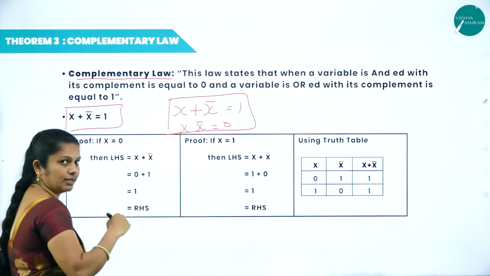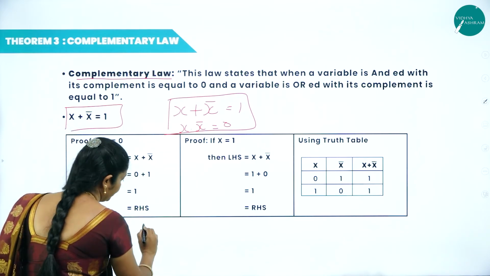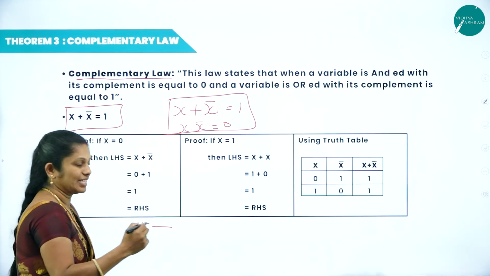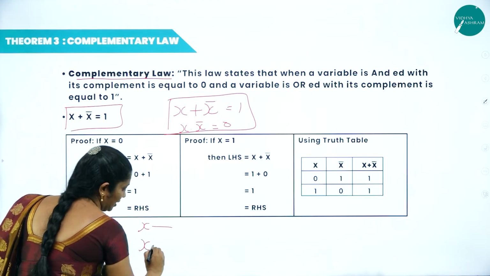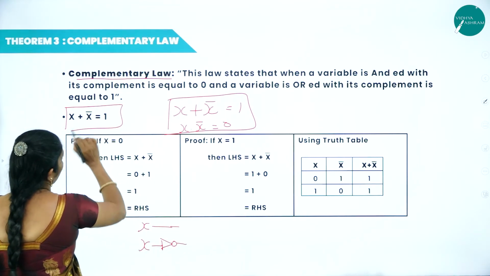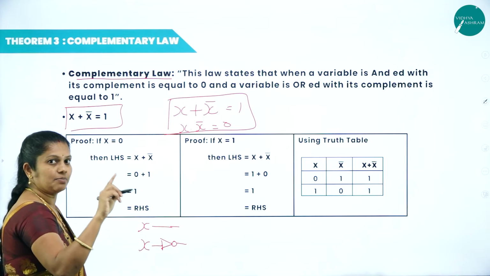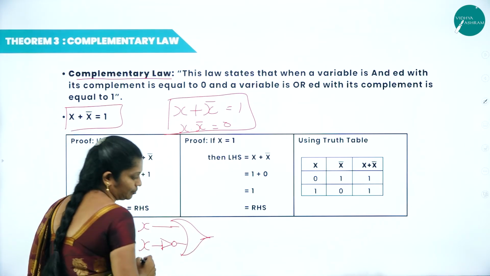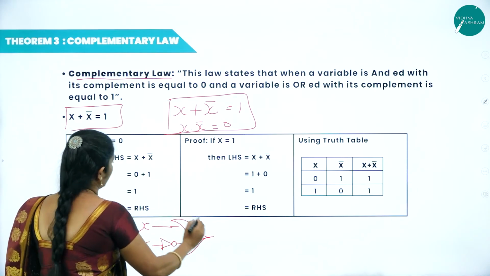Now, for this one, how to write the symbol? This is x. Then we need one more, x bar. Here I am going to take x only, but here I am going to take it as x bar. These two are connected with the plus operator. Plus means here we will write the reverse C. Then connect these two. The output is 1 here.